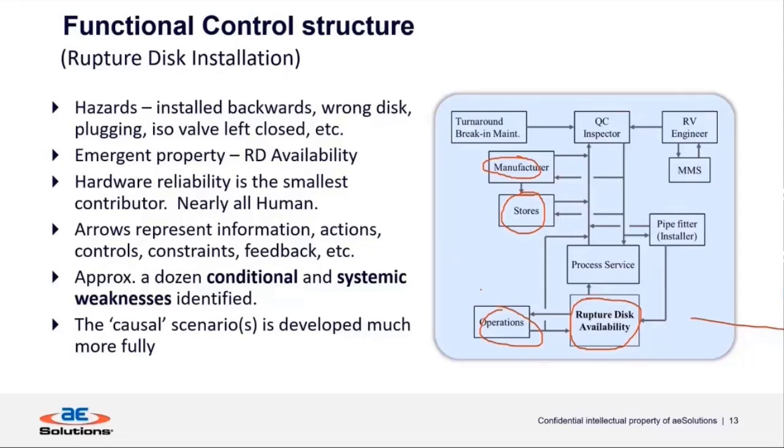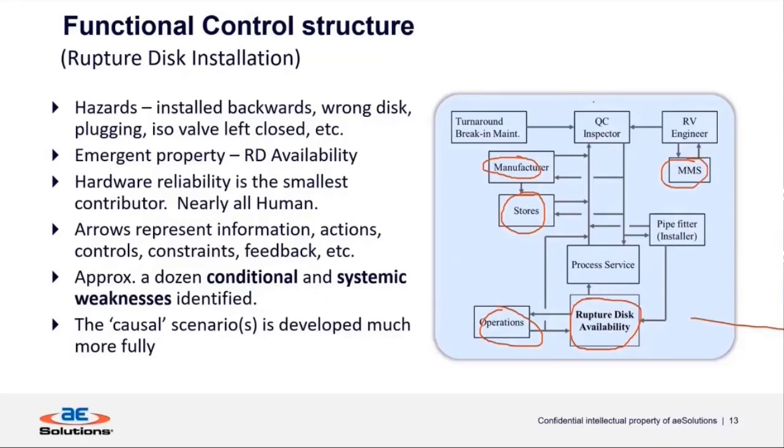I'll talk about that role in a moment. But there was a certain error rate associated with the stores and what they were supplying out and how they had the disks stored in bins, and sometimes they would get mixed up and put in the wrong place. The manufacturer sometimes was not supplying the test reports as they should, and the MMS had some deficiencies. That one may be more obvious in terms of scheduling PMs and having everything recorded in there.